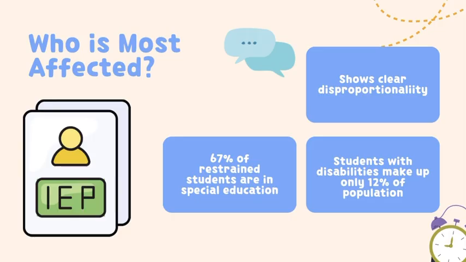Oftentimes, kids with IEPs or that are in special education are the ones to be restrained or secluded because they're not understood. It does take them a longer time to try to figure out their emotions instead of being understood. So I believe that's why this information is like this.